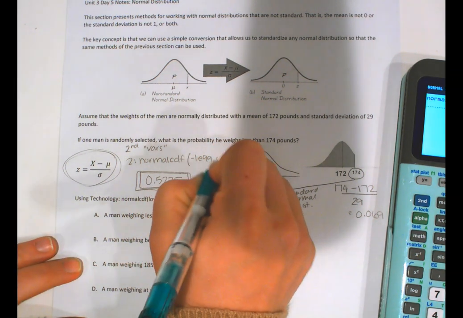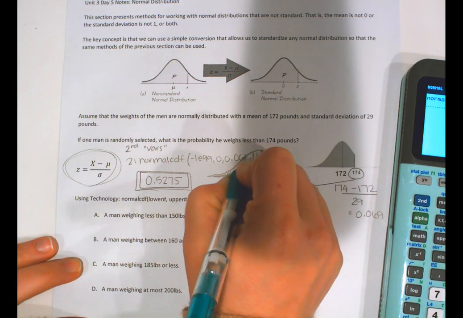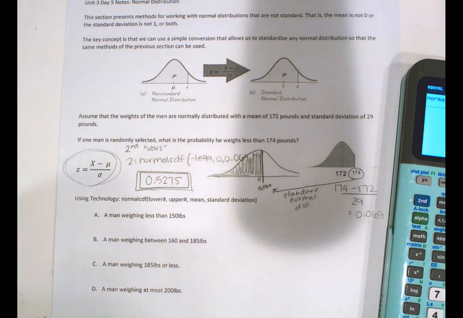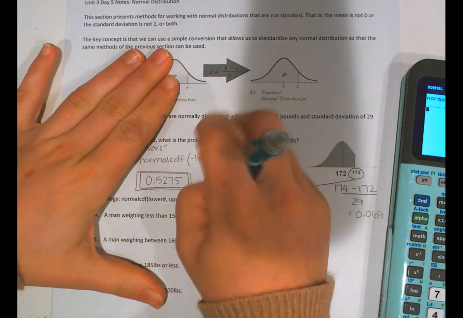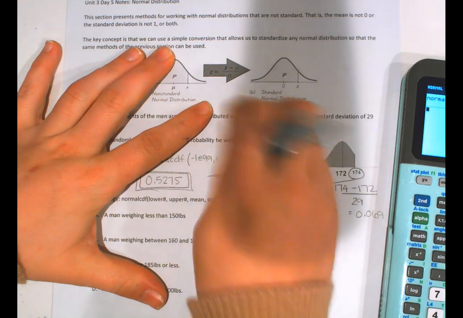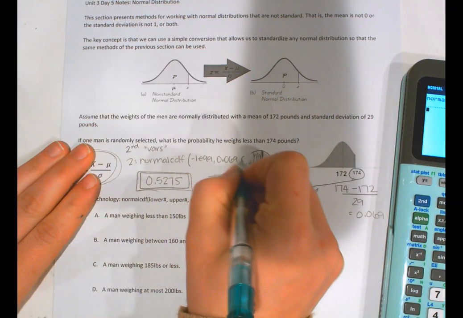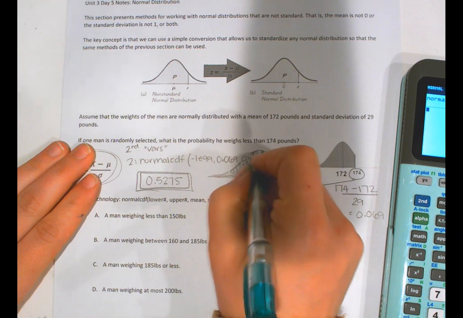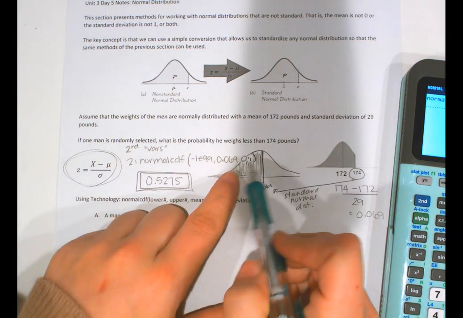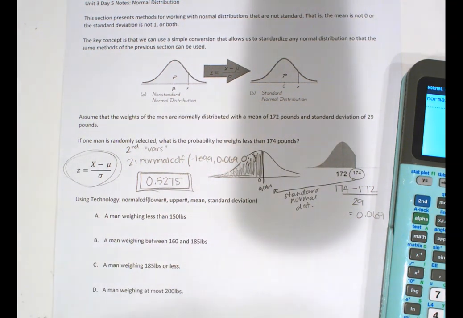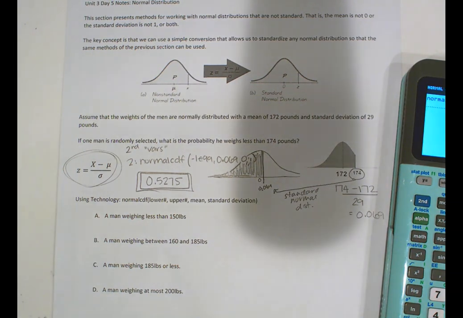Okay, well, I'm going to let you in on a little secret. We don't actually have to be in our standard normal curve to be able to find the area. The beauty of our calculator is it allows us to type in any values for our mean and our standard deviation and still find the area underneath our curve.